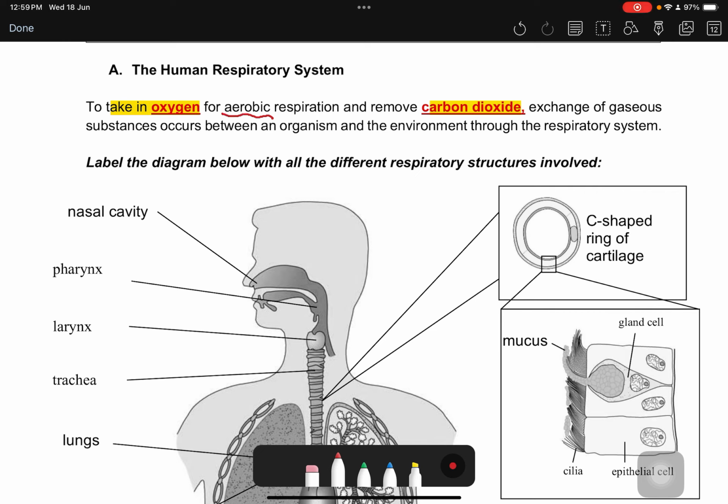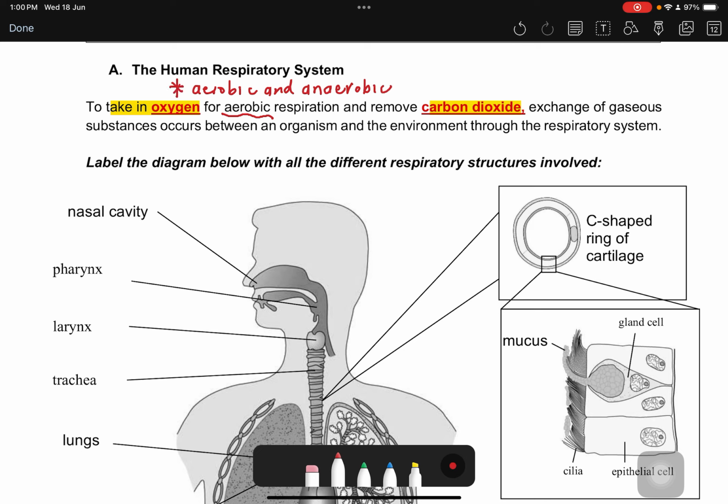It is not very clear if you say oxygen is used for respiration, but oxygen is only used for aerobic respiration. Now that we have learned two types of respiration, it's important to differentiate between aerobic and anaerobic. Something to take note of.